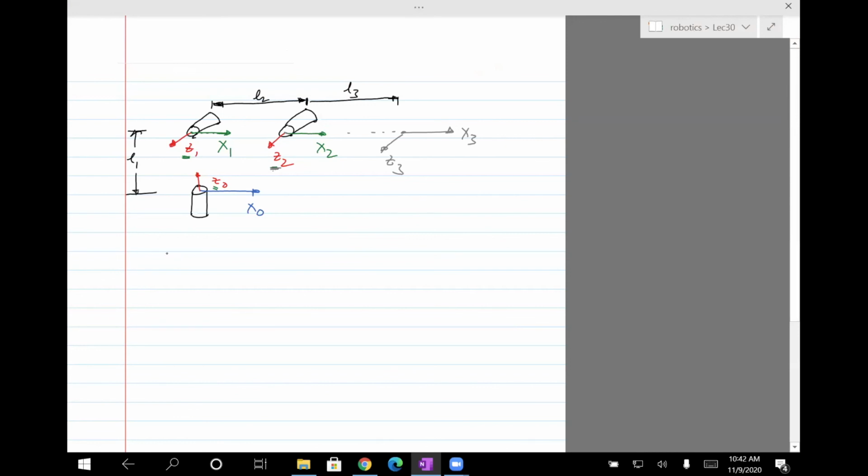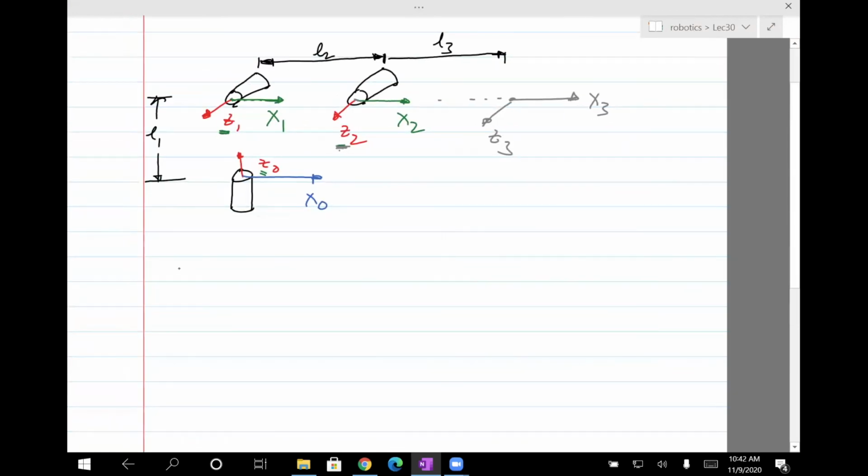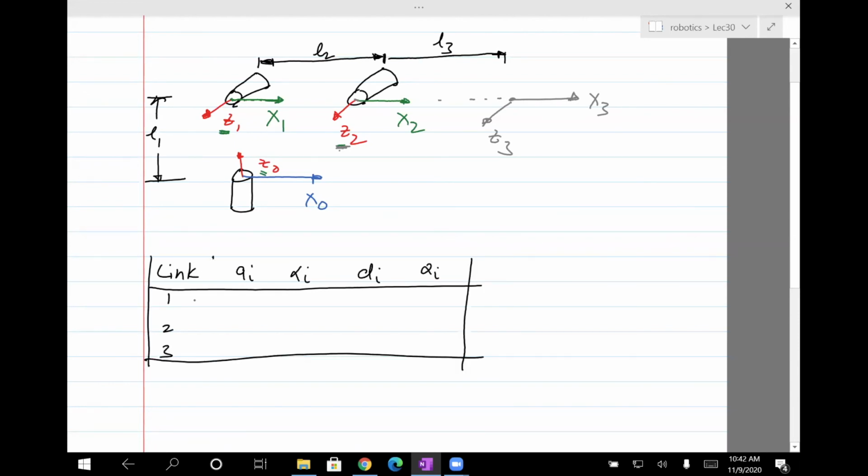Okay, so let's draw the DH table. Link 1, 2, 3, AI, alpha I, DI, theta I. Okay, and I'm going to draw that same sort of trick which I used to figure out these angles.